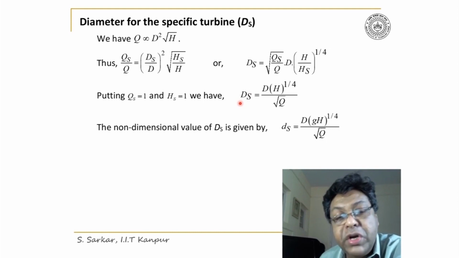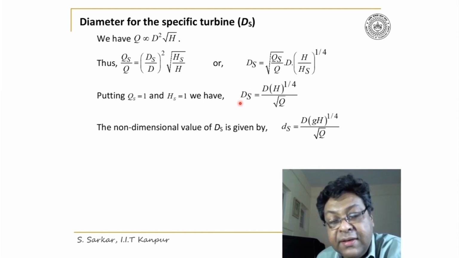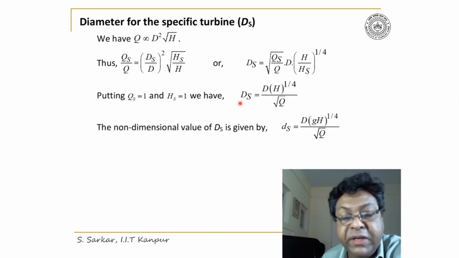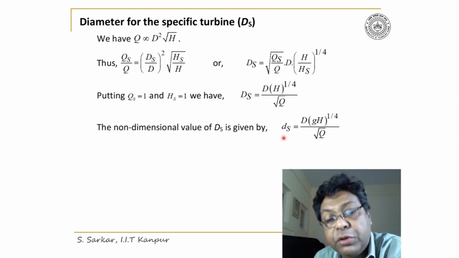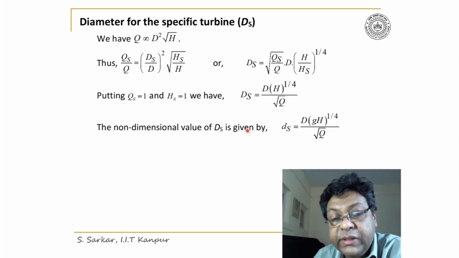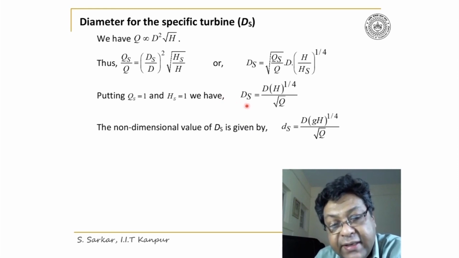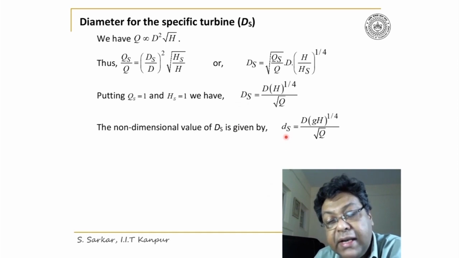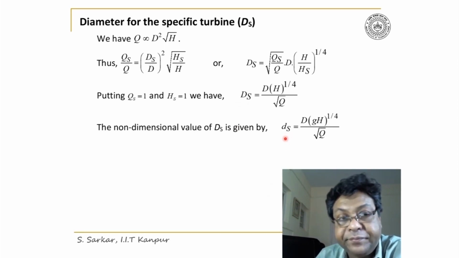Now, the non-dimensional value of specific diameter can be expressed as small ds is equal to D into gH to the power 1/4 divided by root over Q. So this is capital Ds, the specific diameter, and this is the dimensionless specific diameter, small ds.